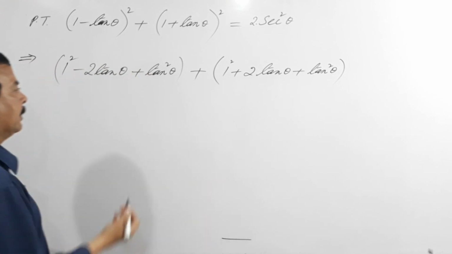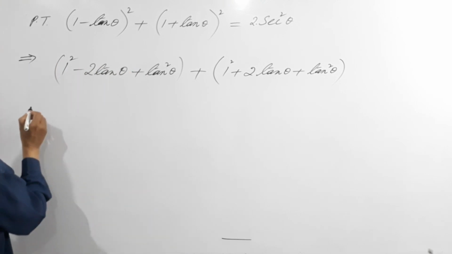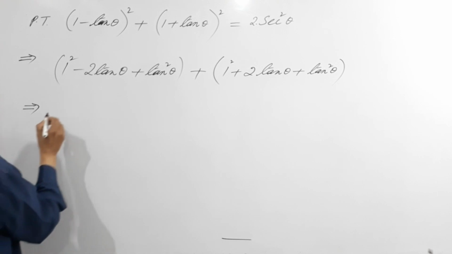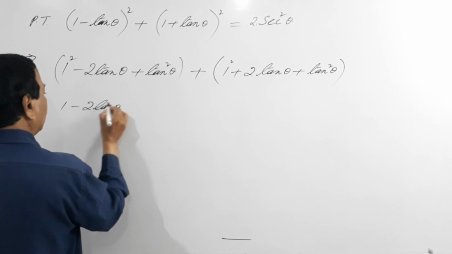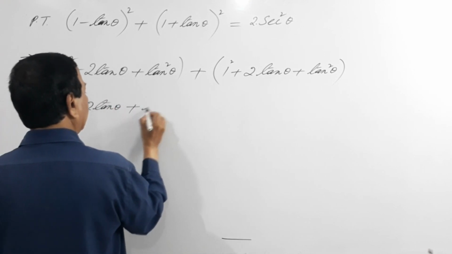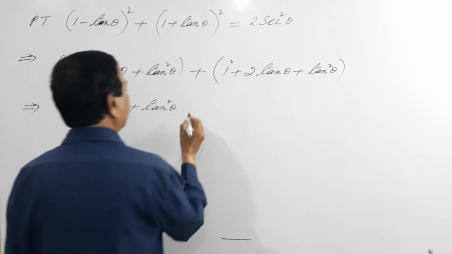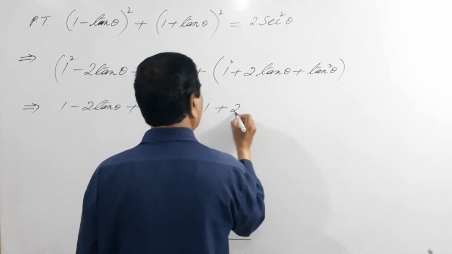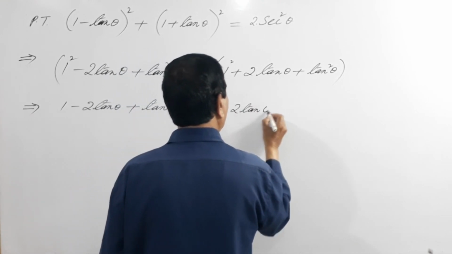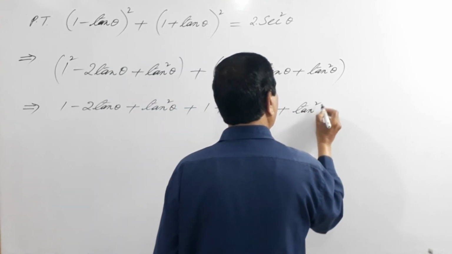There is no need for a bracket, but anyway. Okay, this is equals to what? This is 1 minus 2 tan theta plus tan square theta plus 1 plus 2 tan theta plus tan square theta.